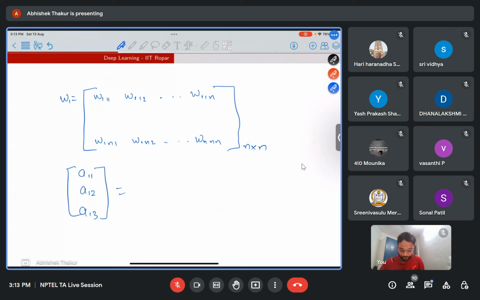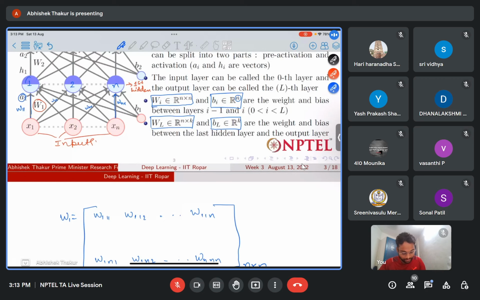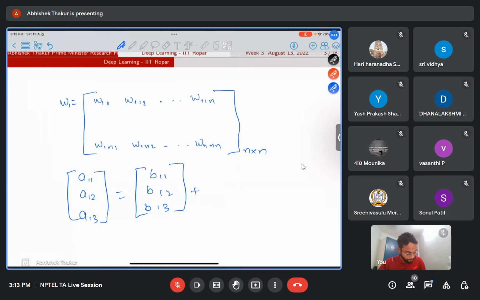That is equal to B11, B12, B13 plus, you can see here, this B is added to each term, multiplied with the W matrix: W111, W112, W113, W121, W122, W123.